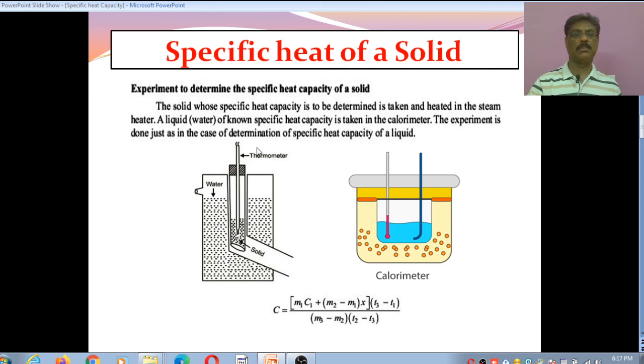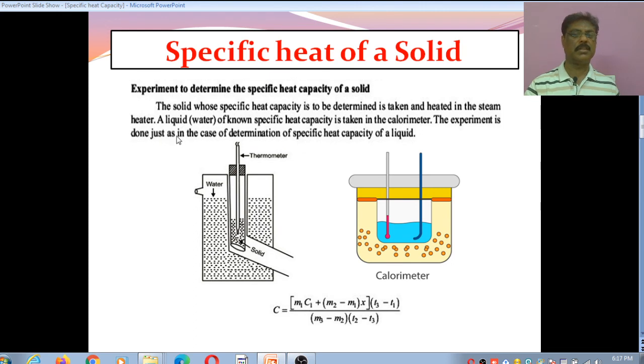The procedure is that the solid whose specific heat capacity is to be determined is taken in the form of small bits and heated in the inner tube of the steam heater. Now a liquid of known specific heat capacity, such as water, is taken in the calorimeter, about 50% filled.